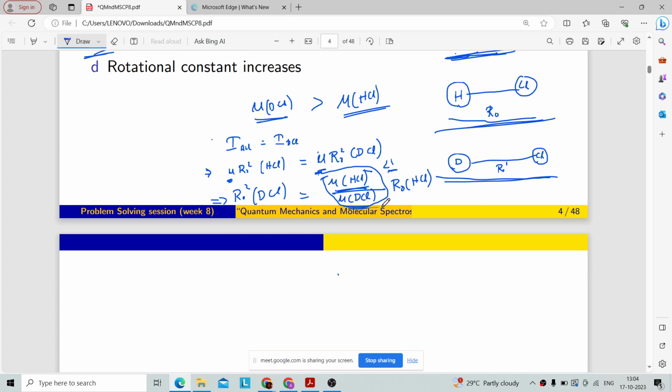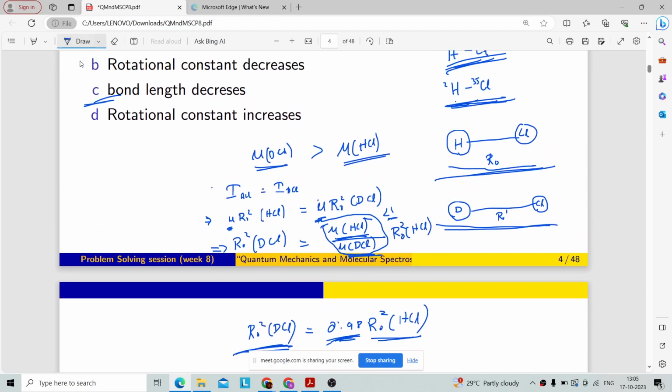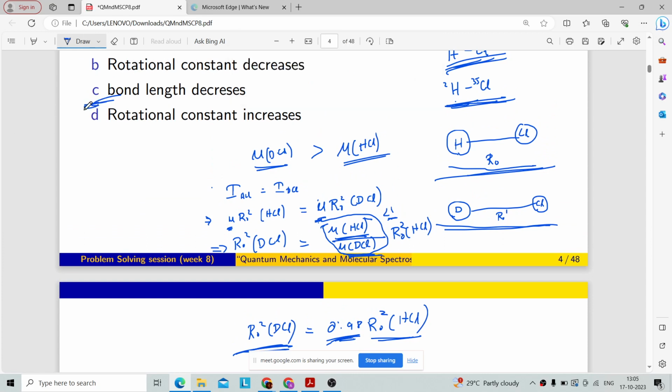Let's say it is some 0.98 something, this ratio. So we see in this case the bond length for DCl is decreased by some factor compared to HCl, right? So the bond length will decrease.